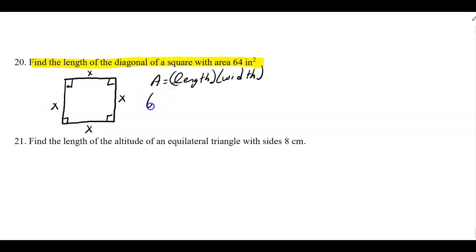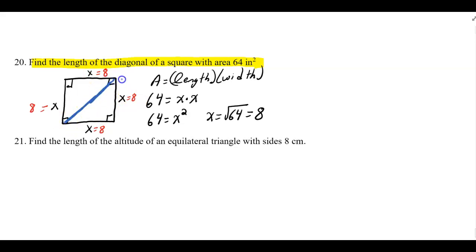So that means the area, 64, is x times x, or 64 is equal to x squared. Taking the square root of both sides, x is the square root of 64, or 8. So all the sides of the square are 8. And your goal is to find the diagonal, which is this blue line. This is a 45, 45, 90 right triangle. Therefore, the diagonal, using the relationship leg, leg, leg root 2, is 8 square root of 2.